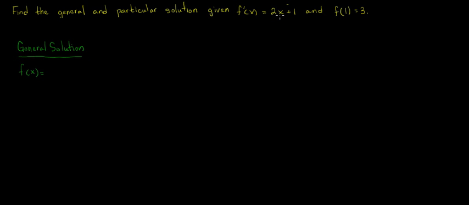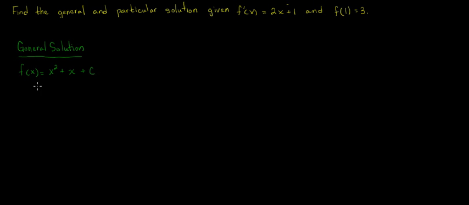So if I think about the antiderivative here of 2x, I get x squared plus, and if I think about the antiderivative of 1, well, that would just be x, because when I take the derivative of x, I just get back a 1. And then I have to tag on this plus c.